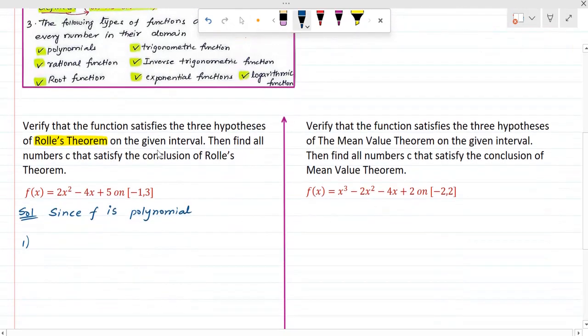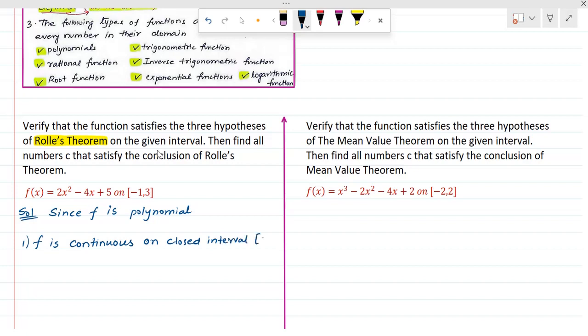The first condition is satisfied. f is continuous on the closed interval [a, b]. Here a, b is the point [-1, 3]. This is a closed interval.